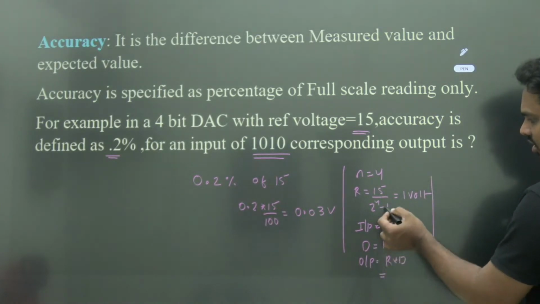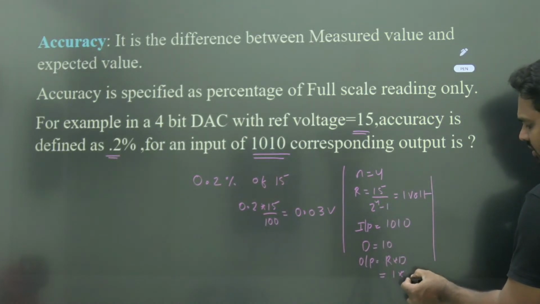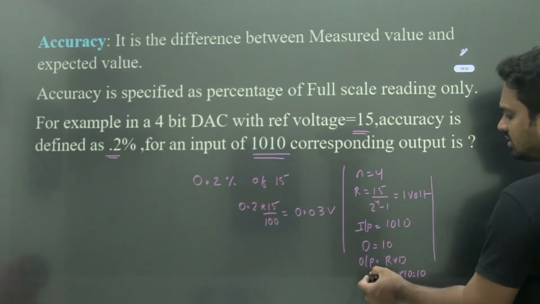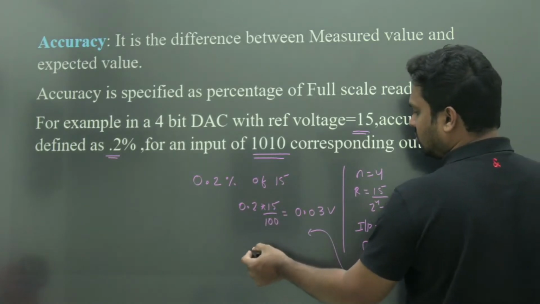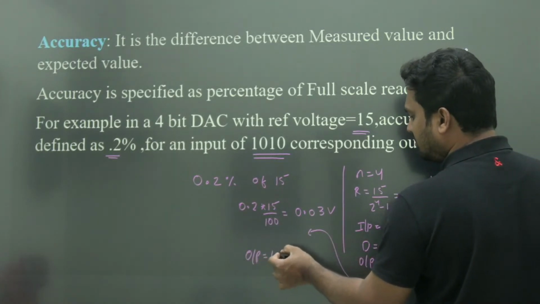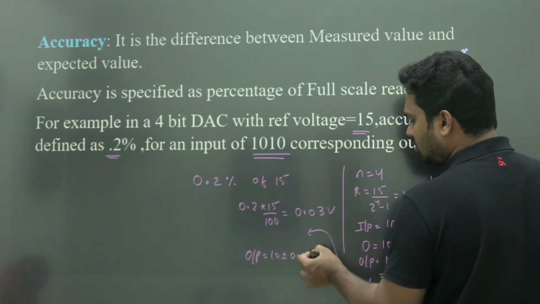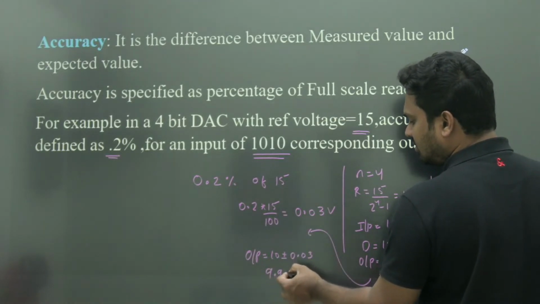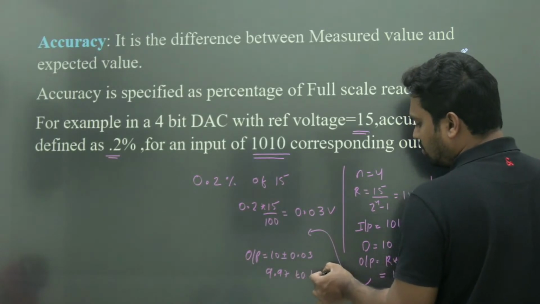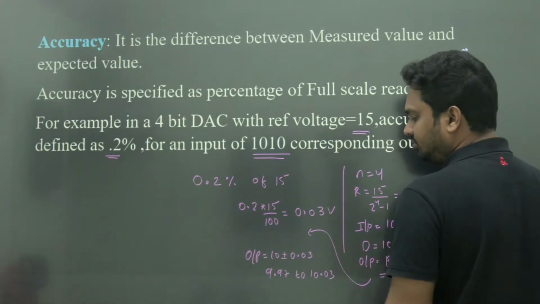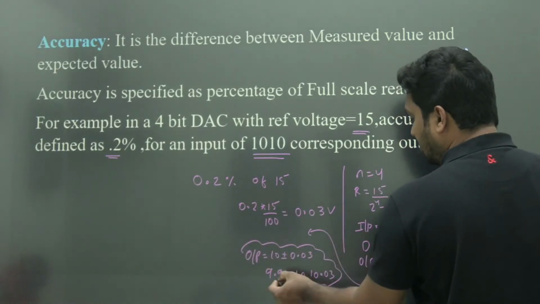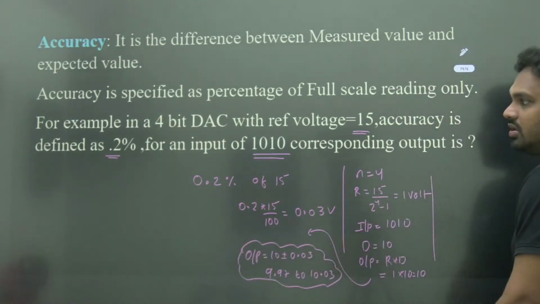Resolution is 1, decimal equivalent is 10, you are expecting 10 volts, but what you will be getting is 10 volts plus or minus 0.03. So it might be in the range of 9.97 to 10.03, right? So this is the measured output due to the accuracy.